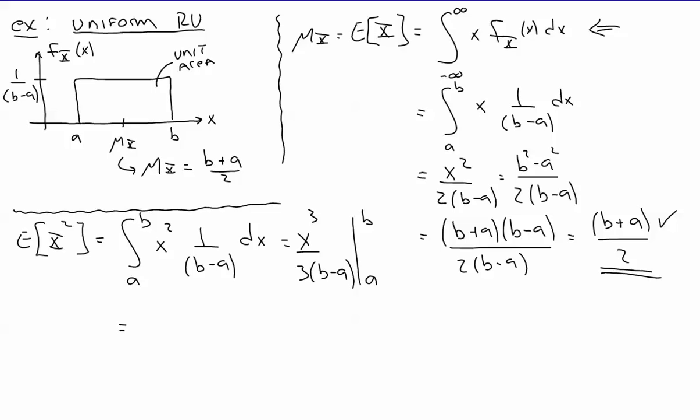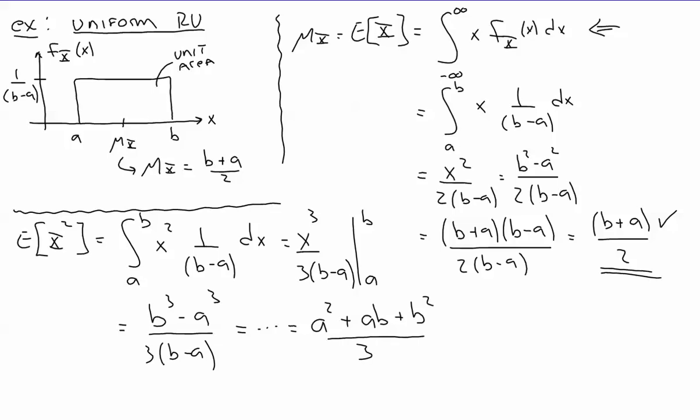That equals (b cubed minus a cubed) over 3(b minus a). And I'll let you do the factoring steps. After some factoring, we end up with (a squared plus ab plus b squared) over 3. And I'll admit, that's not really so obvious to me. That's the mean squared value.